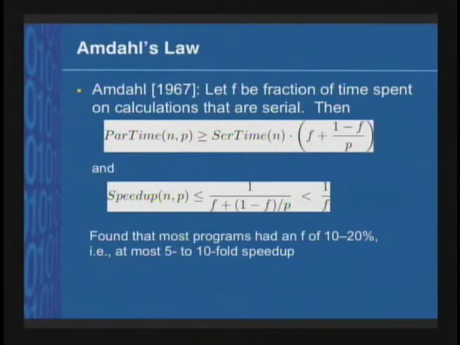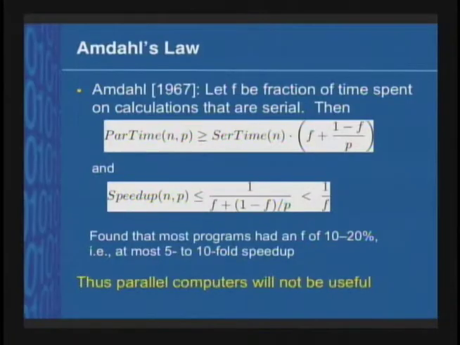So the time for that would be the time that I had before times... So I get perfect parallelization on the part I can parallelize, and I'm stuck with the parts I can't parallelize. And then that's for time; you work it out for speedup, and you just calculate it out, and you get a speedup of that. And notice your speedup can never be more than 1 over f, even if P goes to infinity.